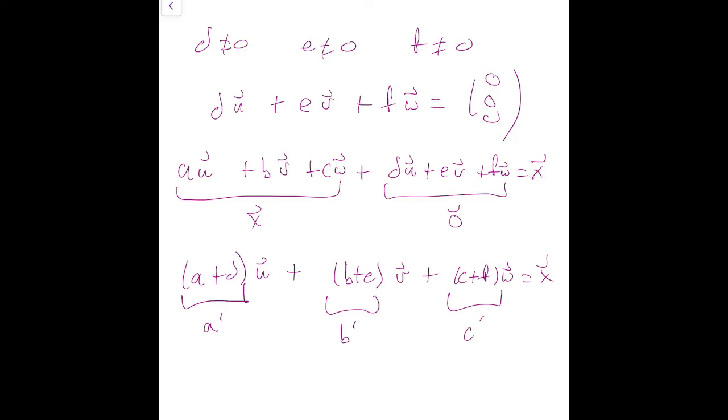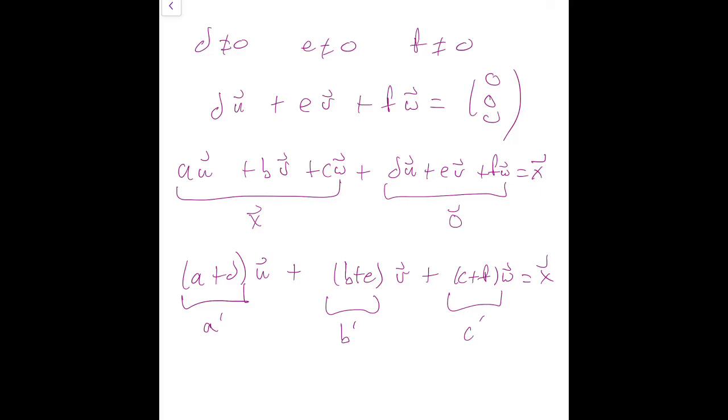Okay, so for any three vectors U, V, and W, we can always write 0 as a linear combination of U, V, and W just by taking the weights D, E, and F all equal to 0. But what we have seen in these two examples is that the uniqueness of the solution to the equation AU plus BV plus CW equals X depends only on whether or not we can write 0 as a unique combination of U, V, and W. If we can write 0 as a unique combination, there's at most one solution to the equation.